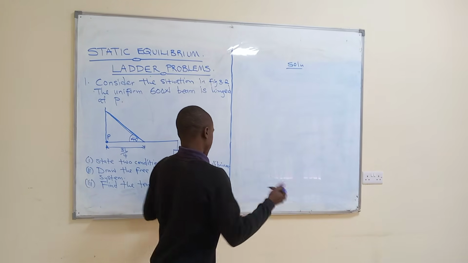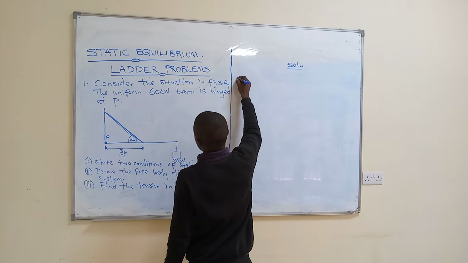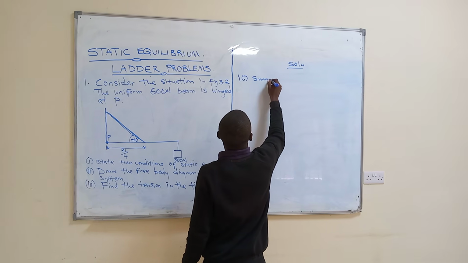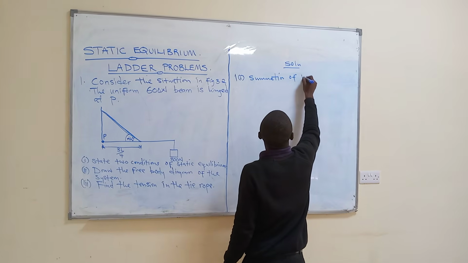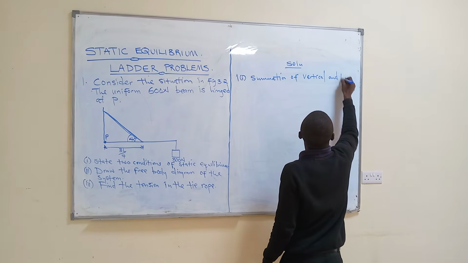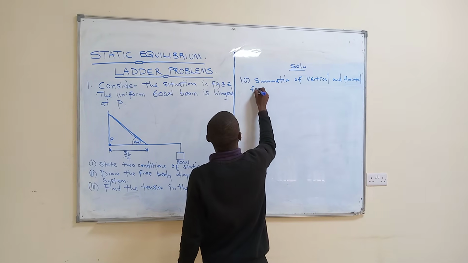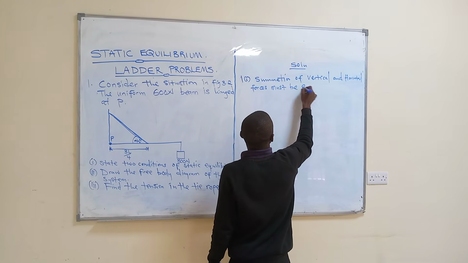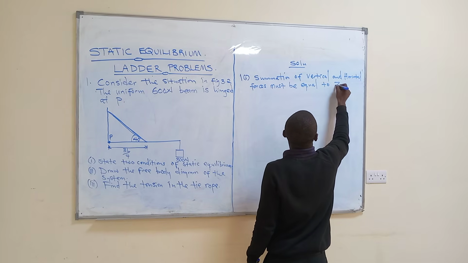So we write: summation of vertical and horizontal forces must be equal to 0.